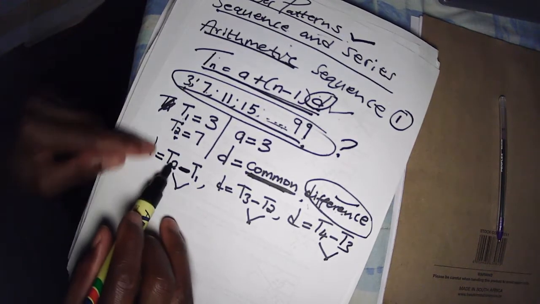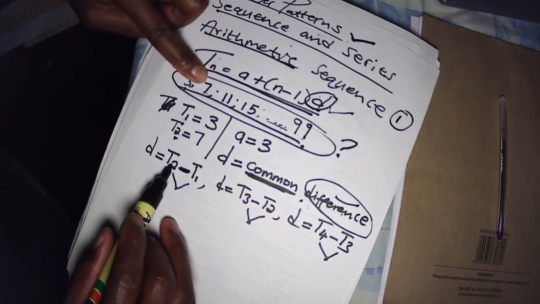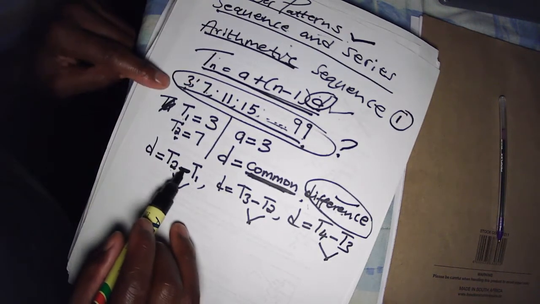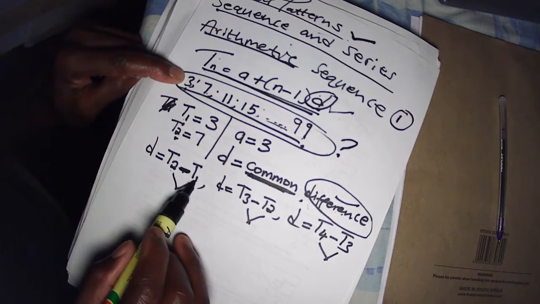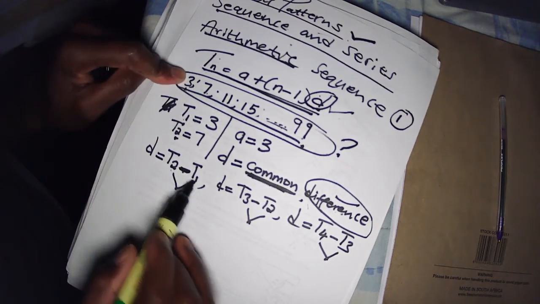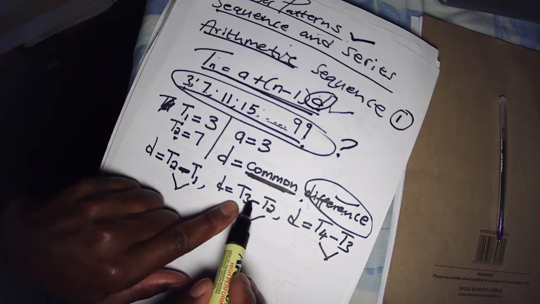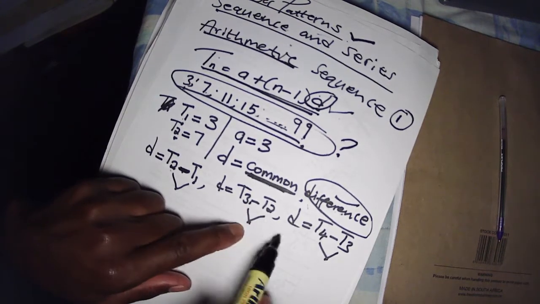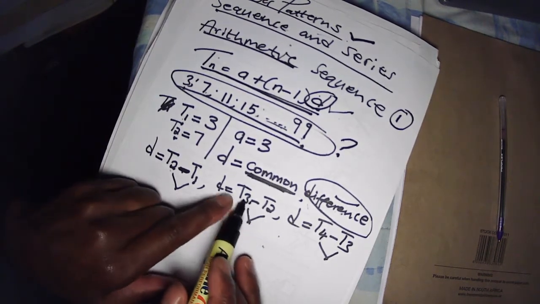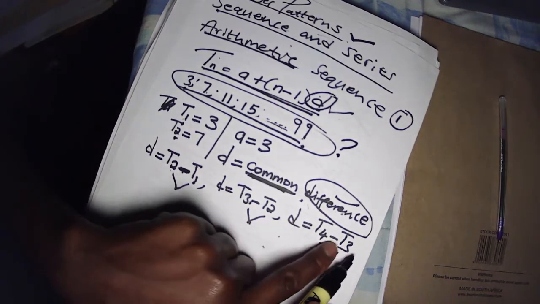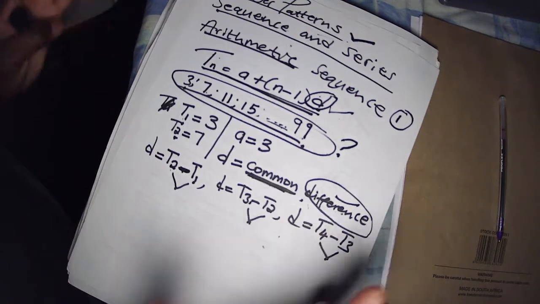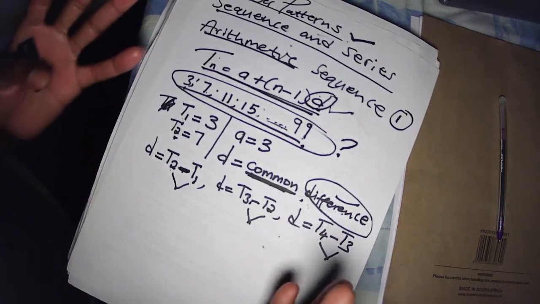So I'm taking the second term, which is 7, subtracting the first term, which is 3. Because it's a common difference, the same answer should apply for T3 minus T2, T4 minus T3. I hope you understand this is how easy it is.